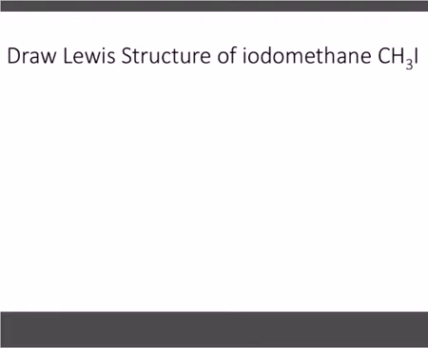What are our first 2 steps we've got to do? Number and type of atoms to figure out the number of what? Electrons. We're going to figure out the number of valence electrons, guys. So here's what we're going to do for step 1. Carbon's my first one. How many carbons do I have? 1. How many valence electrons does carbon contain? 4.